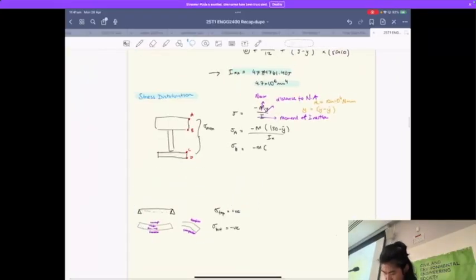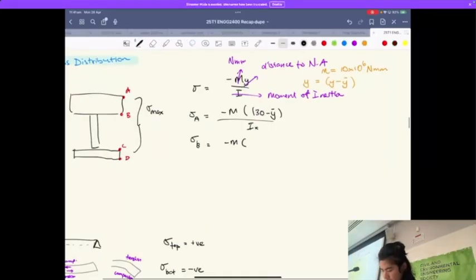And you'll do this for every single point. So B is located 20 below the top, so it'll be 110. This one will be, which one?